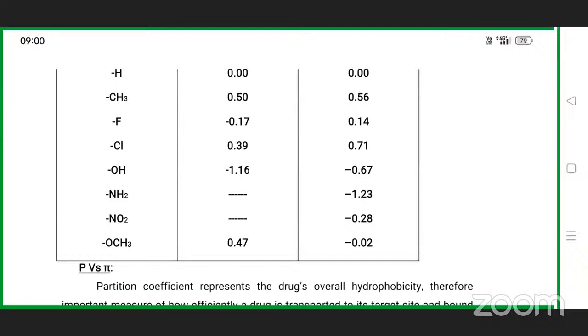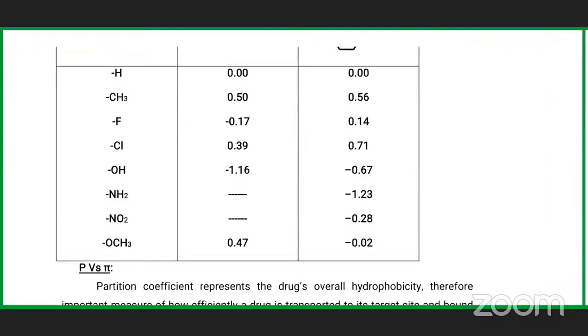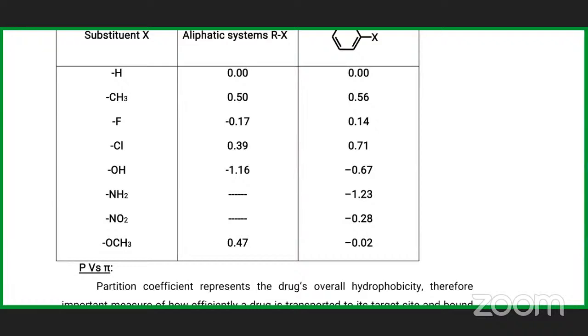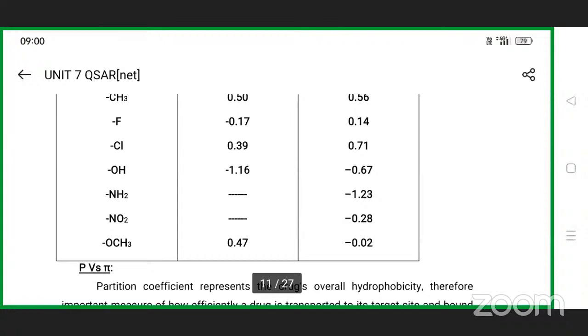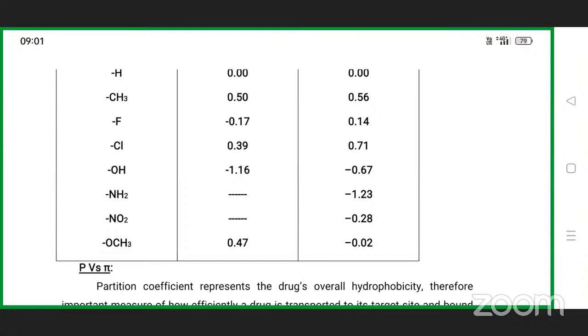The value is not available, or there is no impact, on the aliphatic system, and on the aromatic it is minus 1.23. The nitro group shows minus 0.28 impact on the aromatic system. And the methoxy group is 0.47 on the aliphatic system, and minus 0.02 on the aromatic system.